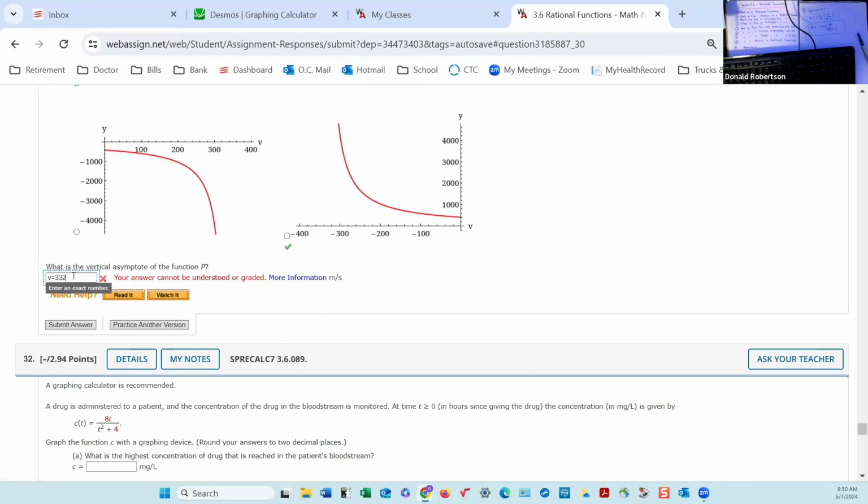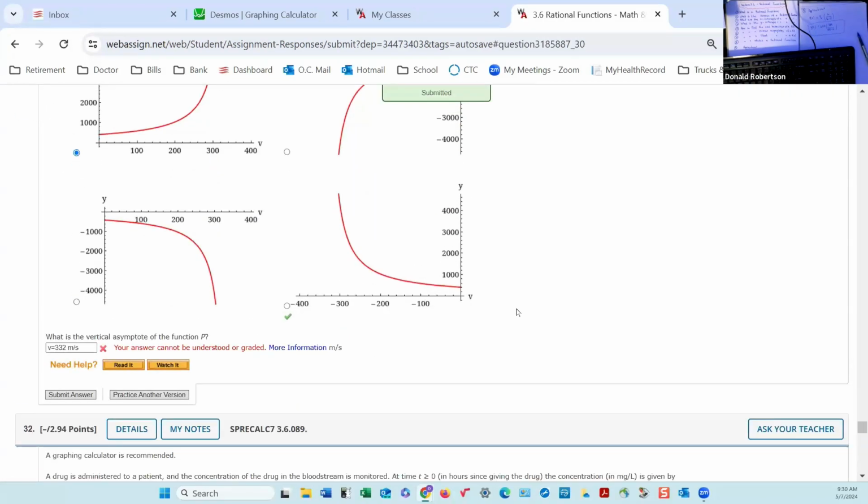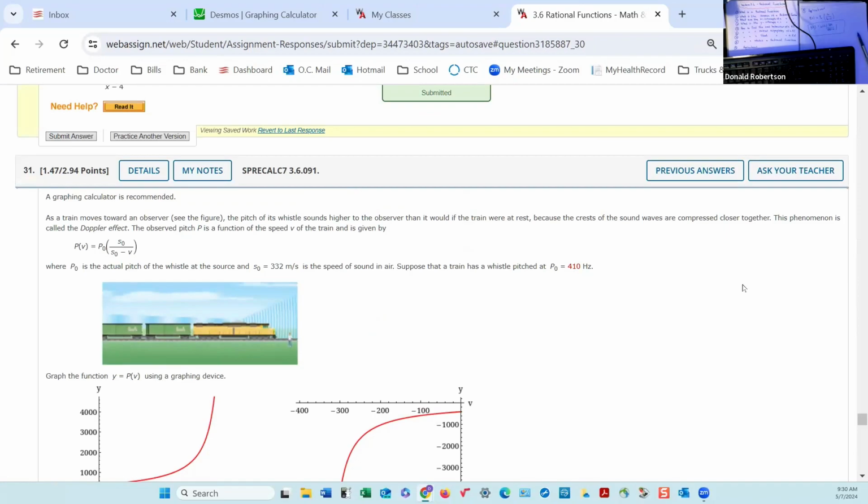Oh, come on. What's wrong? Okay, I'm trying to figure out what WebAssign is trying to tell me. Okay, it is 332. Let's check. It is 332. It is vertical asymptote.